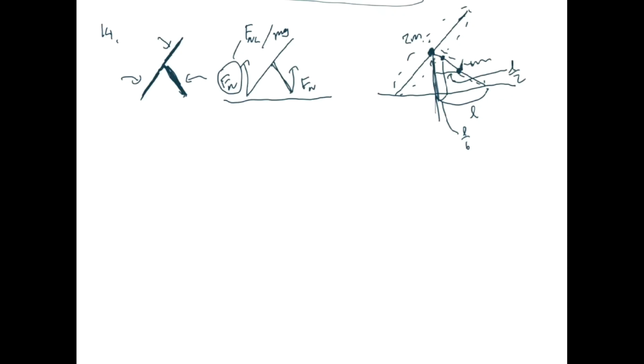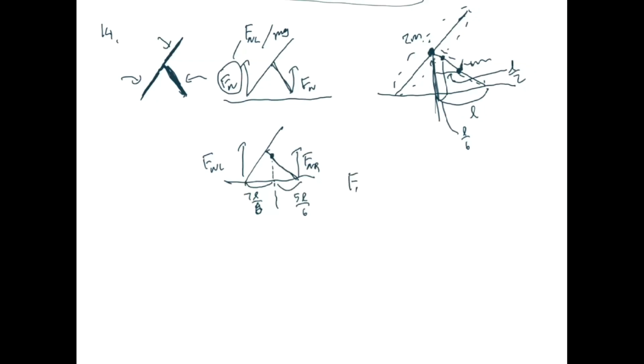So now let's try balancing torques. So we have our shape here. And if we draw this, this will be 5L over 6, and this will be 7L over 6. So if we balance torques, we'll have F_N,L and F_N,R.